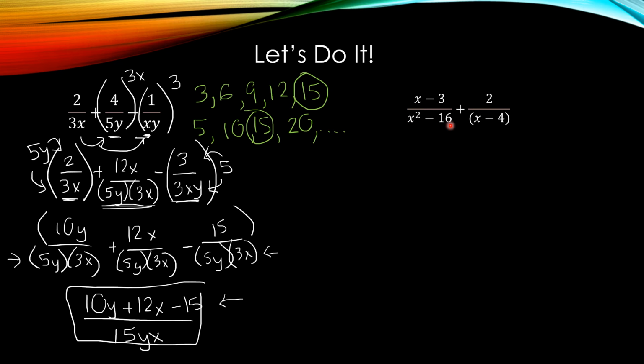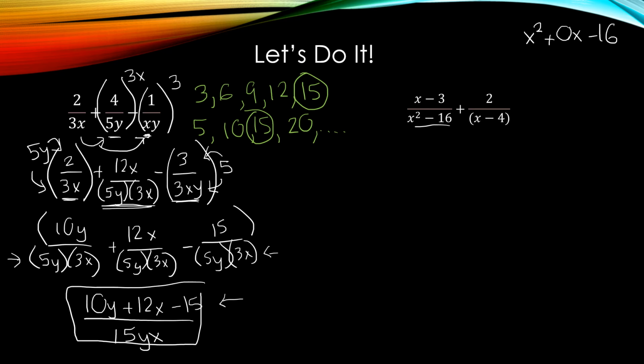x squared minus 16. Now this is the difference of two squares. What I want to do is factor this to see if it shares any factors that this second term has. So I'm going to see what it will look like when I break it apart. And in case you don't know how to factor a difference of squares, one way you can think of this is if I rewrote this one here as x squared plus 0x minus 16.